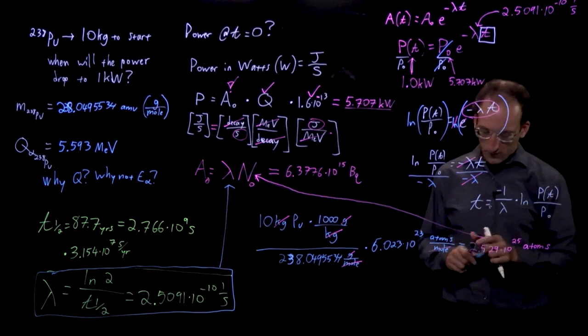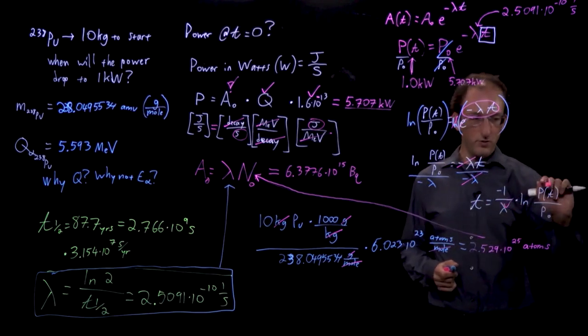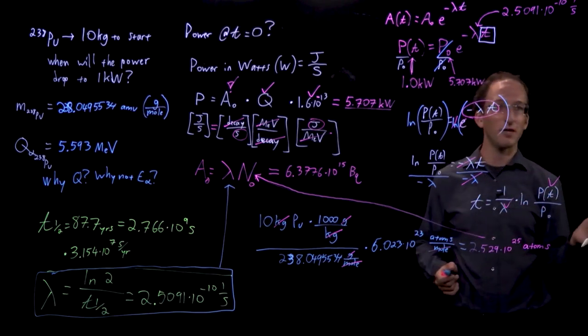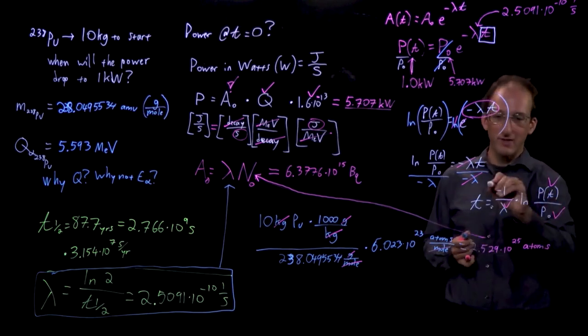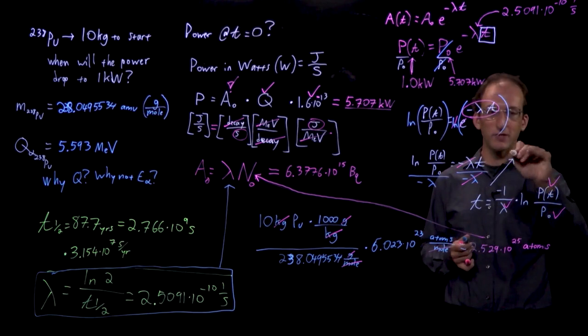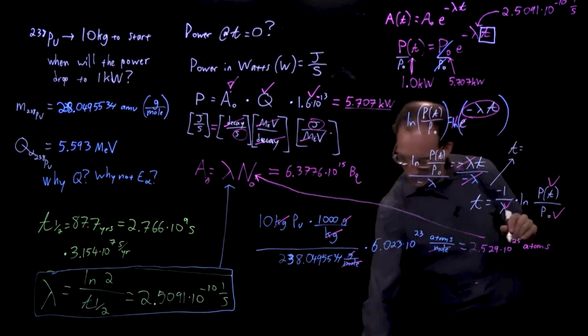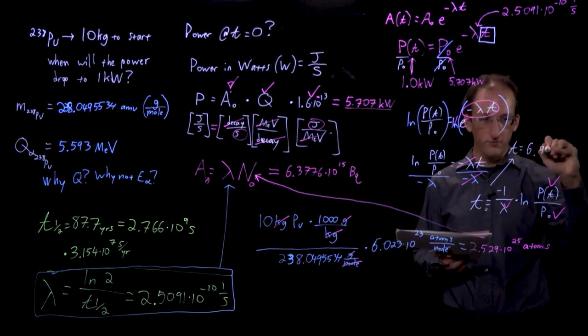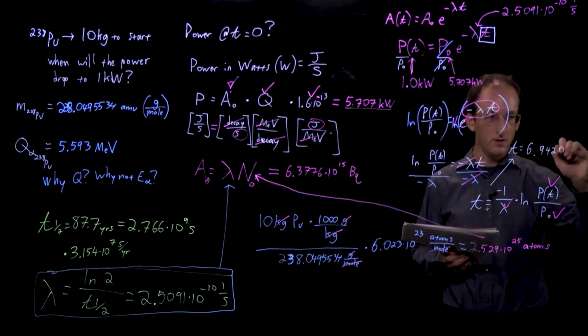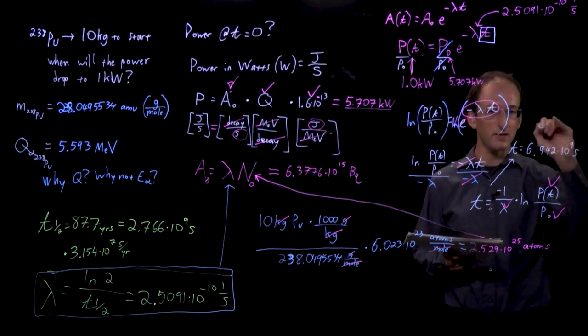So we know lambda, we know P at t because we've set it at 1 kilowatt, and we know P naught. Finally, we can plug all these values in, and we first get a t in seconds of 6.942 times 10 to the 9th seconds.